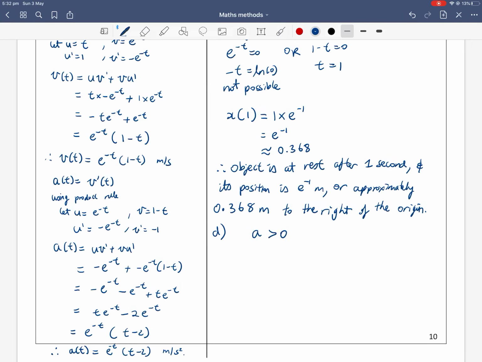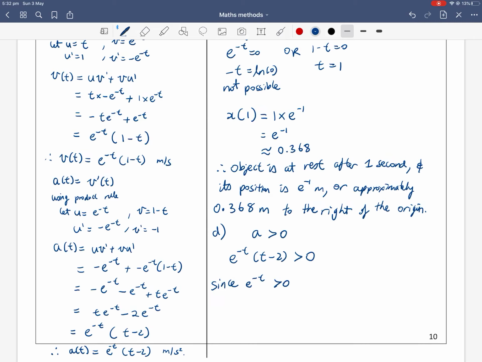Part D, work out when the acceleration is positive. So we want a to be bigger than 0. The acceleration function was e to the negative t, lots of t minus 2, needs to be bigger than 0. Well, the exponential function is always positive for any t value.